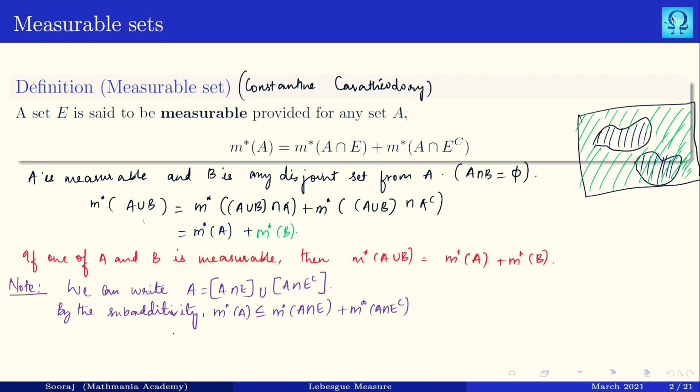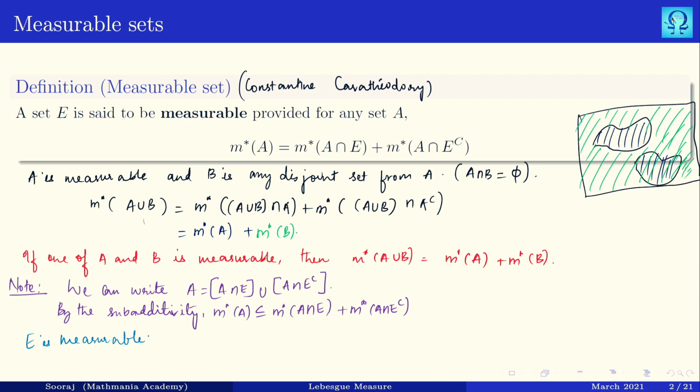This holds trivially for any sets A and E. Here the terminology of measurability is not at all involved. So what can we say about measurable sets is that a set E is measurable.